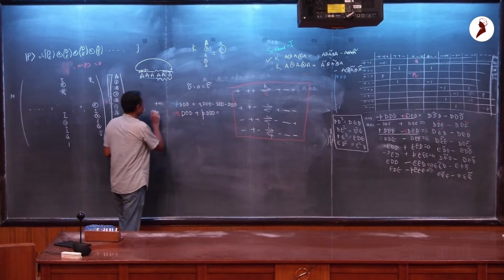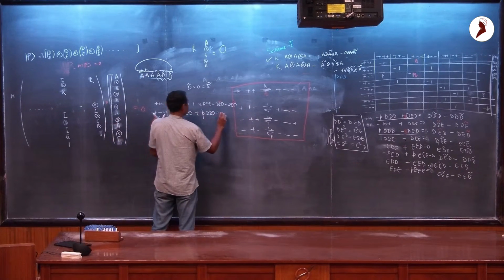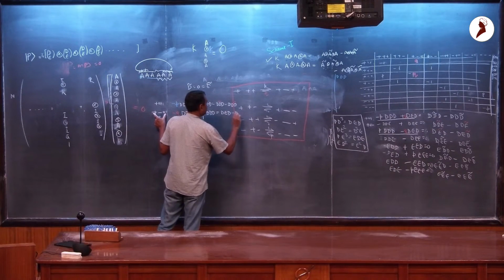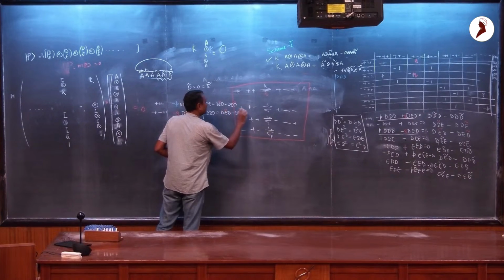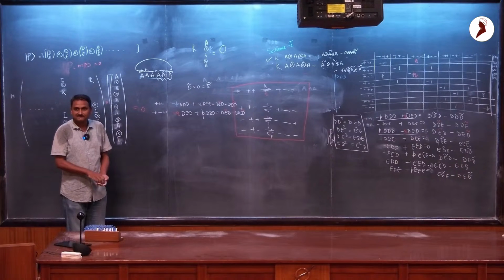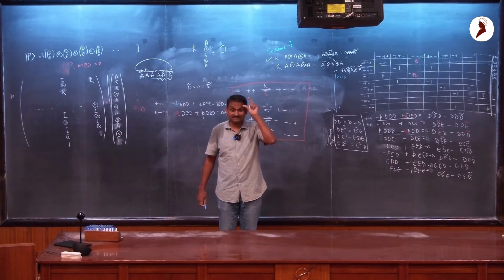For what are you writing? Plus minus plus. So you write d e d minus d e d, and you put your tildes properly. And then similarly, you can write the other equations also.